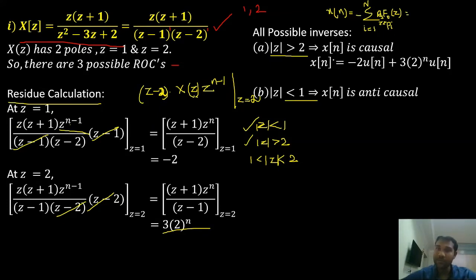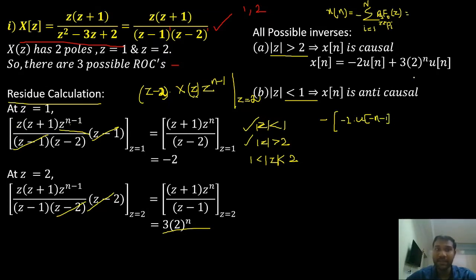I'll have a negative sign. Then what is my first residue? It is minus 2. And since it is anti-causal, I'll use u of minus n minus 1, right?